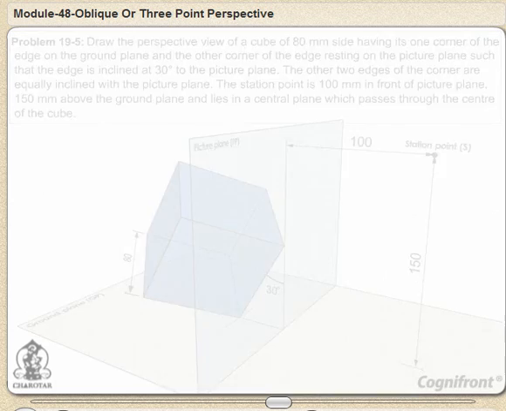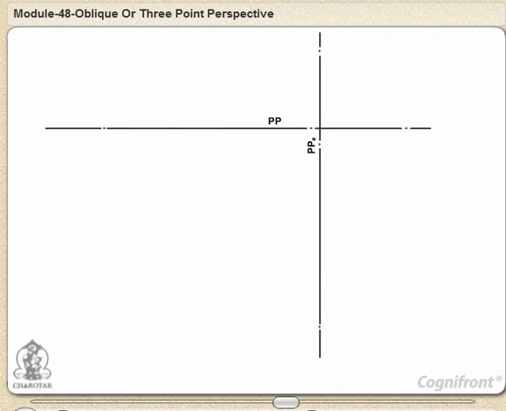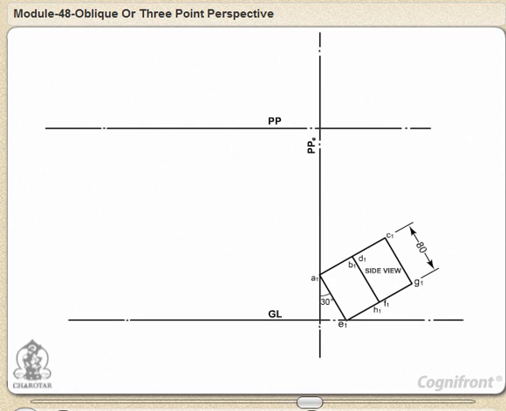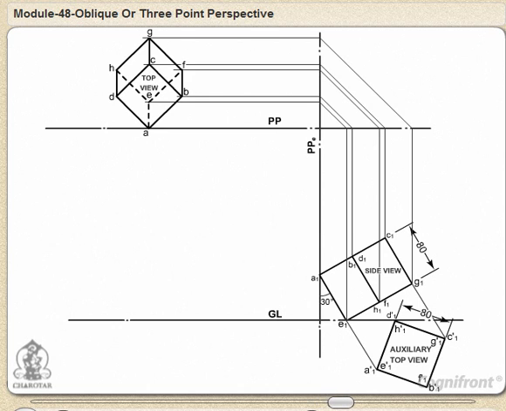Draw projection plane lines PP and PPE perpendicular to each other. Draw side view on PPE from auxiliary top view. Draw top view on PP by taking projection from side view.